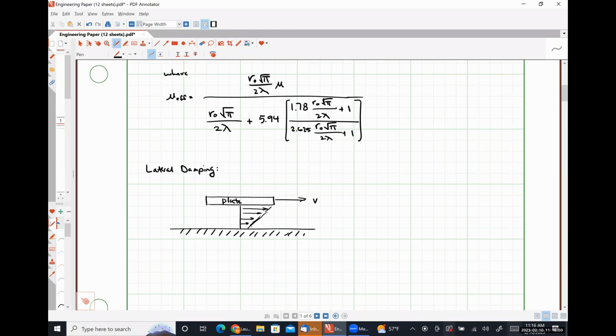Okay. Because the plate is moving parallel to the substrate, the effects of squeeze film damping are effectively 0, and we only have shear flow.